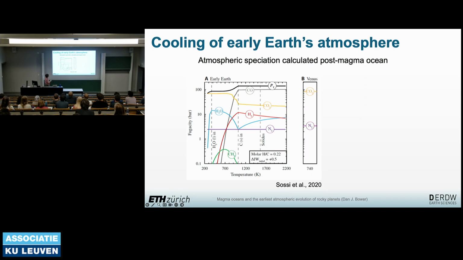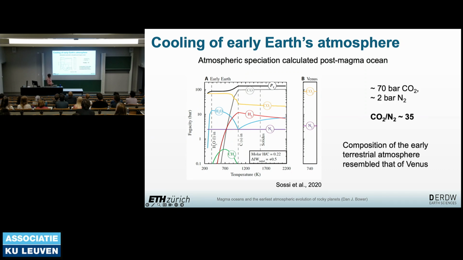And what if we do that, so this is the magma ocean atmosphere and this is the cooled atmosphere, what we find is that we end up with around 80 bar of CO2 and 2 bars or so of N2, okay, which again, will give you a CO2 over N2 ratio of about 35, okay? So what this sort of implies is that actually the early atmosphere of Earth was probably comparable to Venus, okay, that we see today, okay?